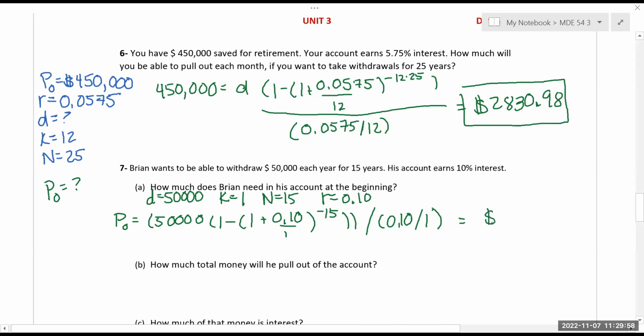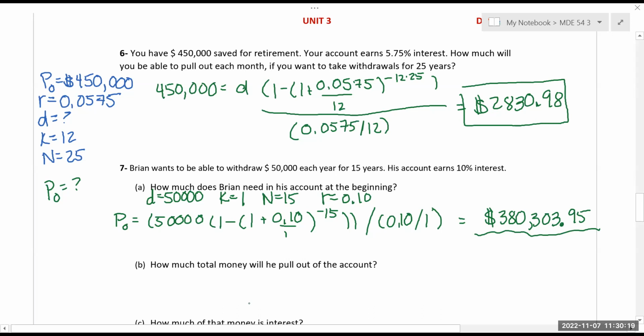Okay, so that gives you 380,303, and 95 cents. So if he wants to withdraw that, he needs to save up about $380,000.